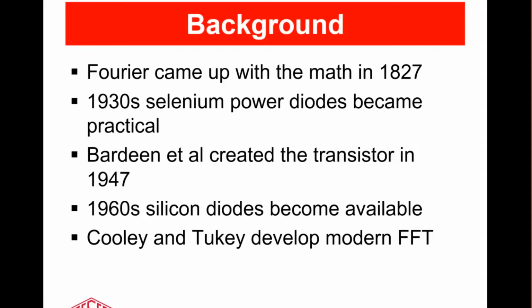Then in '47, we got Bardeen and the transistor. In the 1960s, silicon diodes that could carry large currents became available.